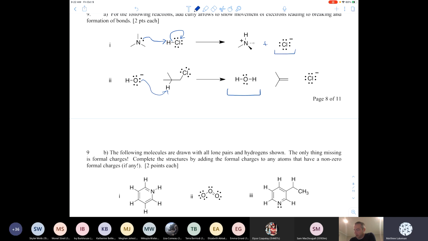The chlorine became chloride again, just like last time. So we can pop that off just like before, but the carbons change to make a carbon-carbon double bond. So that pair of electrons in the C-H bond here moves between this carbon and this carbon to make a C=C double bond.